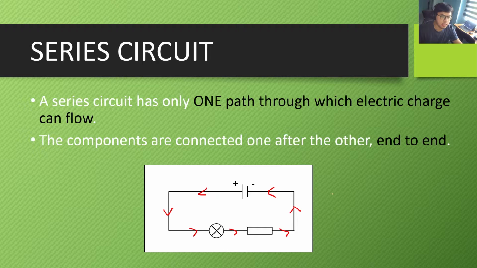The cell is directly connected to the light bulb, and the light bulb is directly connected to the resistor, and then the whole circuit goes back around to form a closed loop. This is what we mean when one component is connected to the other end by end. There's no splitting in the wire or in the flow of the current. We say that these two components are in series with each other.